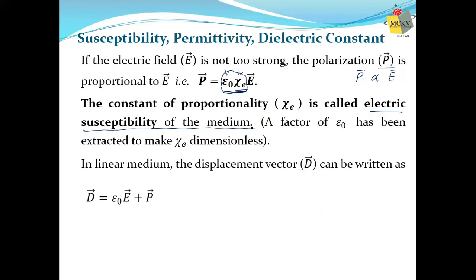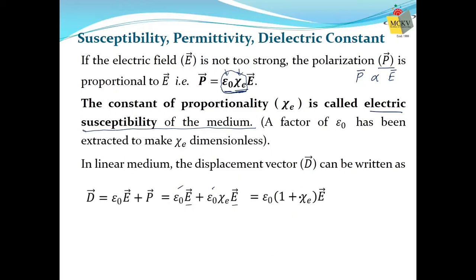And we will understand that this susceptibility is somehow related to the dielectric constant of the material. We will discuss it. P equals epsilon naught chi e E, and D we know is epsilon naught E plus P. So if we replace P by this, it will be epsilon naught E plus epsilon naught chi e E. So we can take E common, and epsilon naught common, and write it as epsilon naught, 1 plus chi e, into E. Now, you have already said this chi is constant for a material.